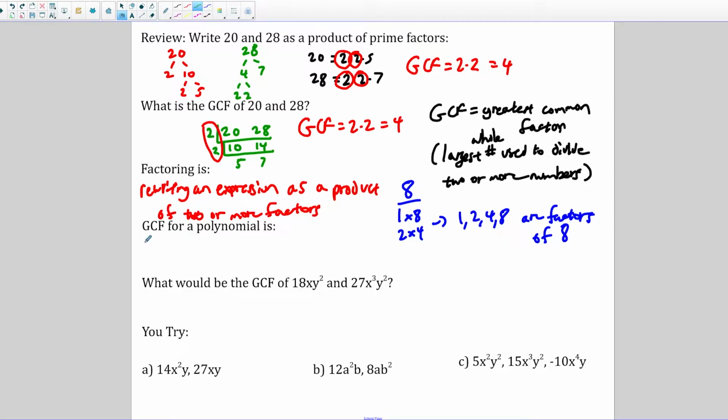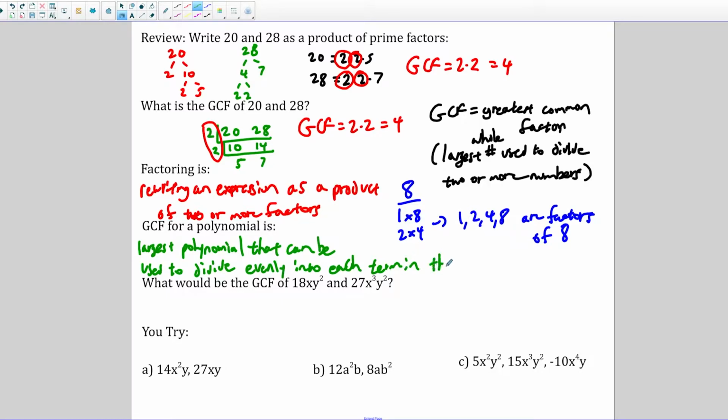As for the GCF of a polynomial, we can simply define it as the largest polynomial that can be used to divide evenly into each term in the polynomial.